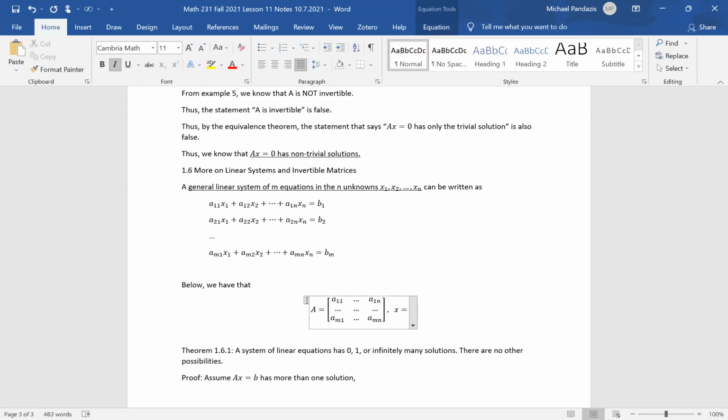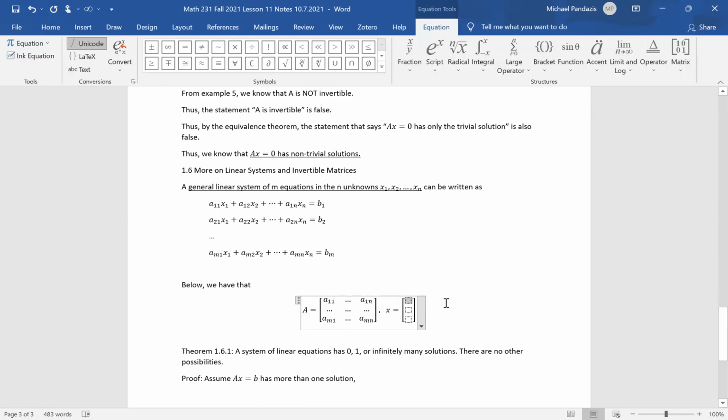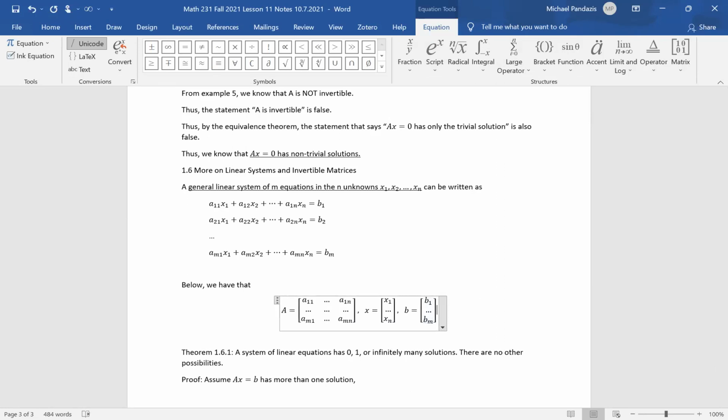The X would be a column vector, starting with x1, then dot dot dot for all the ones in between, and ending with xn. And the B would be an m by 1 matrix also, which I'm abbreviating here, and the entries would be b1, dot dot dot, up to and including the last entry, which would be bm.